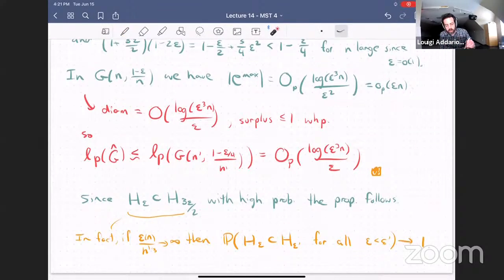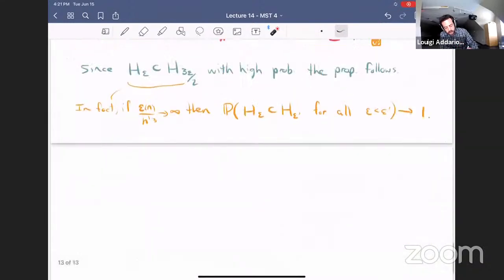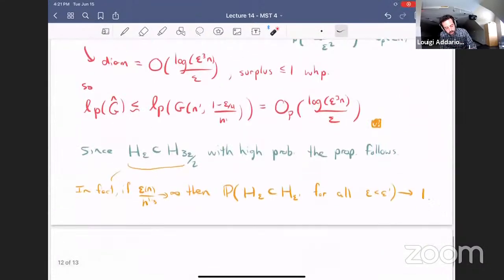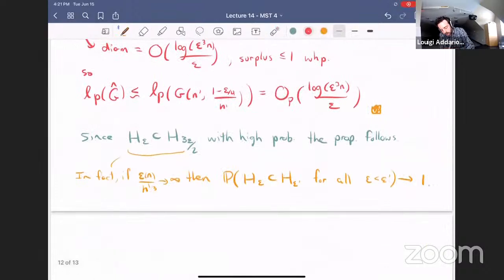This is sometimes called the leader phenomenon. Once a leader emerges, it never changes. I didn't really use that in the proof of the proposition, but it's a nice fact. I thought I'd mention this is due to Thomas Luczak from 1990.